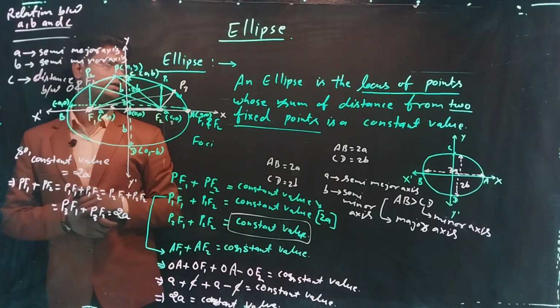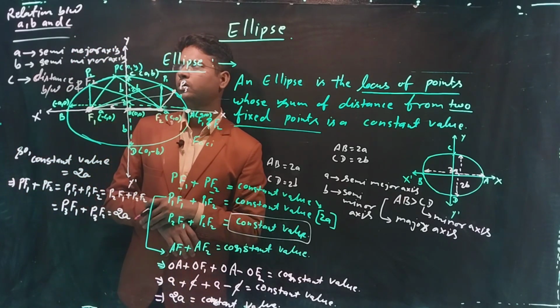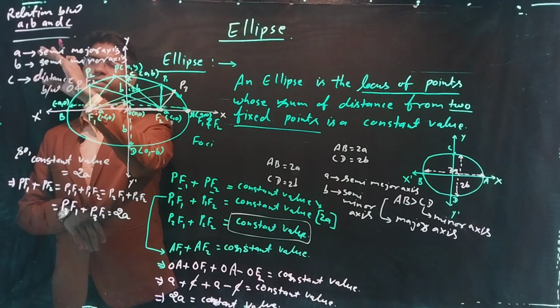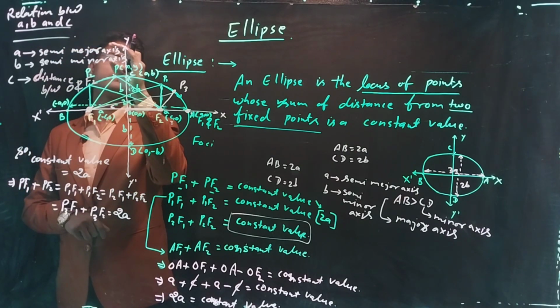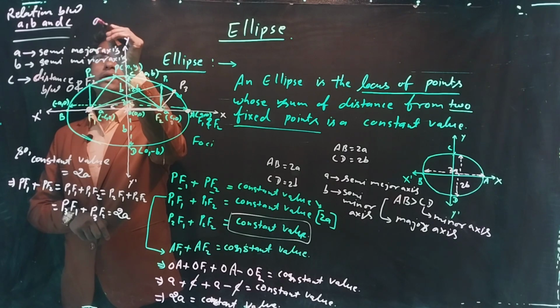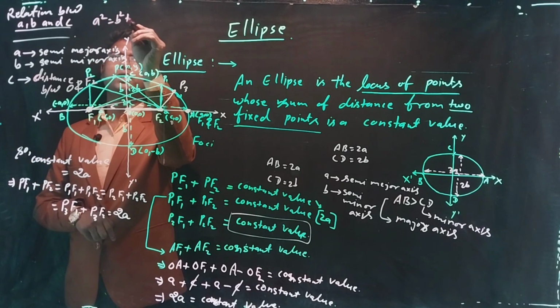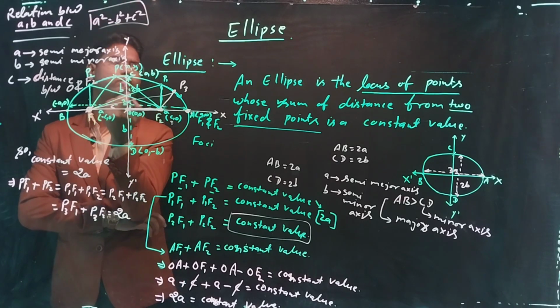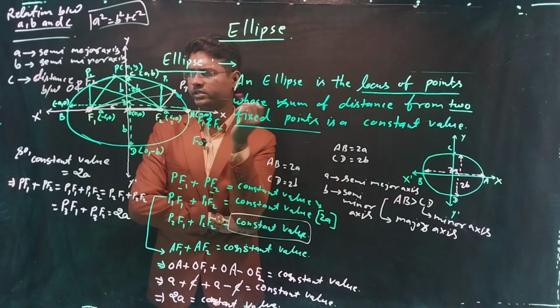Now I am going to prove that the relation between A, B and C is A square is equal to B square plus C square. This is the relation. But how can we prove it? The proof is very simple.